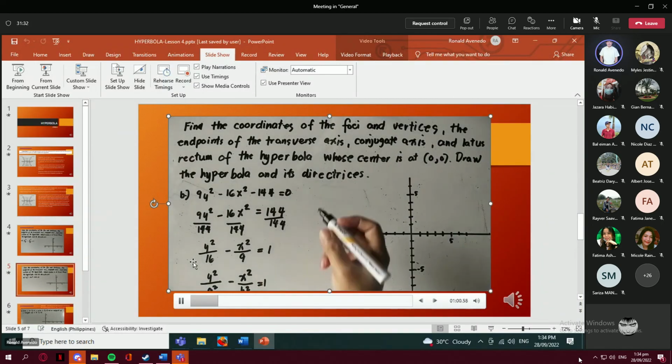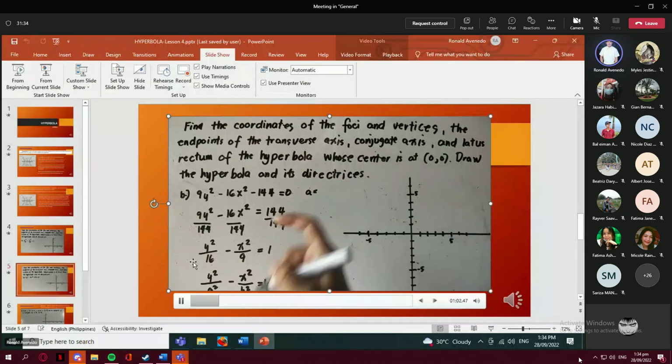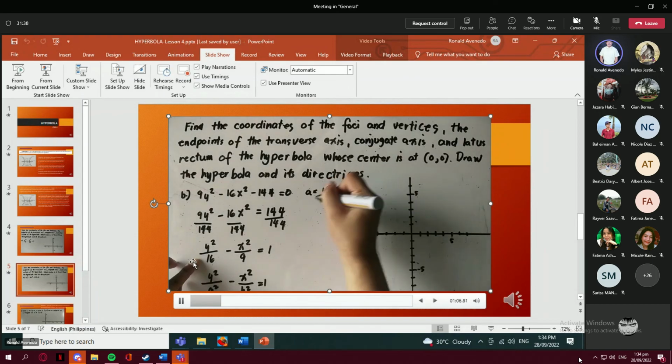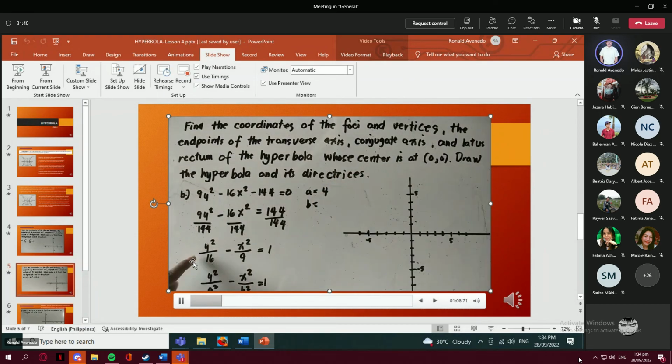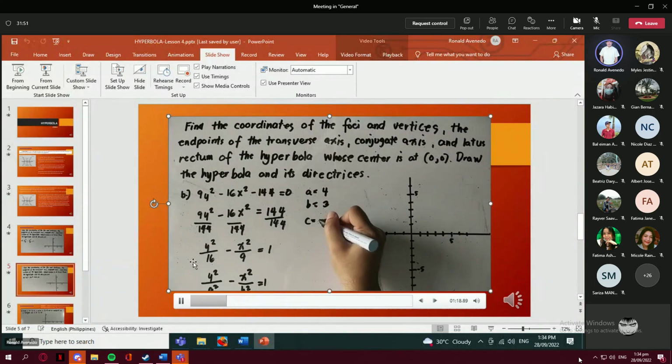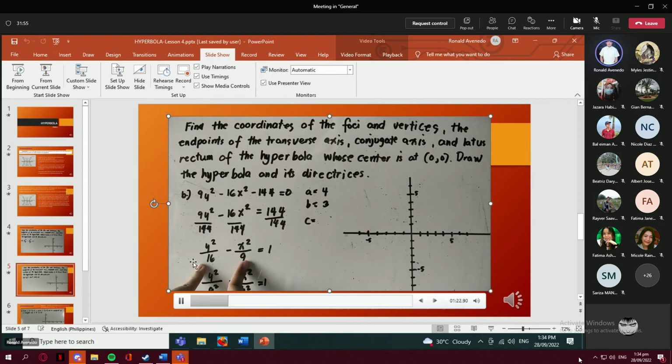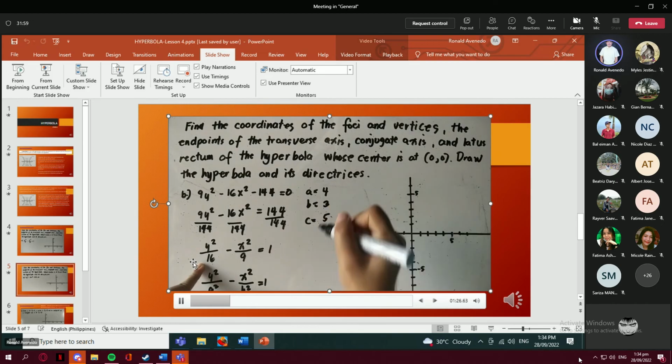So therefore, a is equal to square root of 16, which is 4. B squared is 9, so square root of 9 is 3. And c is square root of 16 plus 9, which is 25, and the square root of 25 is 5.